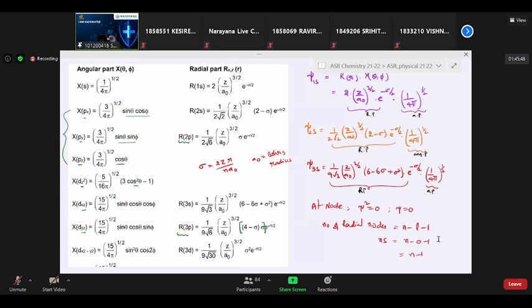Just write these two lines. For an ns orbital, you need to say that the ns orbital wave function is independent of theta and pi, but dependent on the radial part.